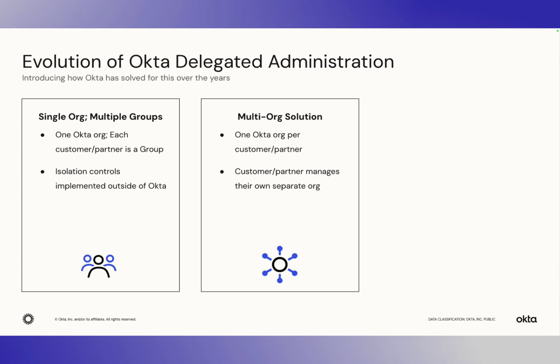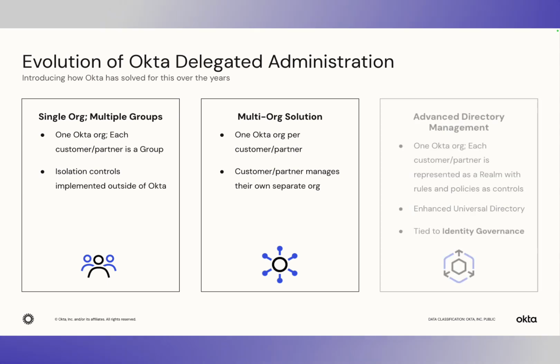Each respective customer or partner would have its own set of resources, users, groups, policies, all of it contained within the Okta org itself. So this is completely siloed, and the respective customer or partner would be responsible for managing their own separate Okta org. However, one thing to note with this solution is there are hidden complexities that do arise, which led us to think about what are the next steps for delegated administration.